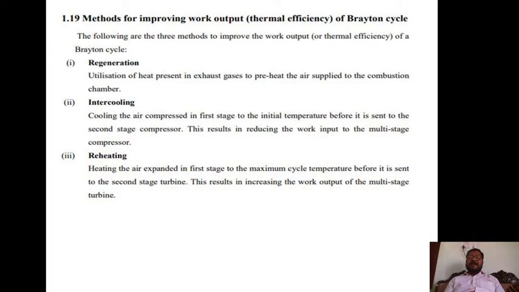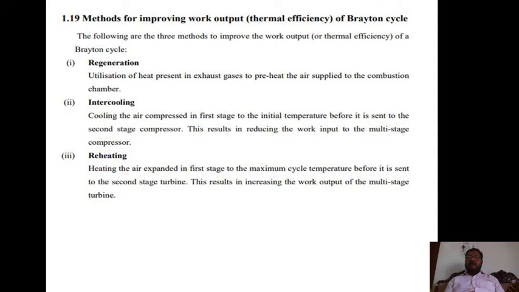And then reheating, another method of improving the thermal efficiency or the work output of the Brayton cycle. Heating the air expanded in the first stage of the turbine back to the initial temperature. After expansion in the first stage of the turbine, it loses its temperature and pressure by doing some mechanical work.